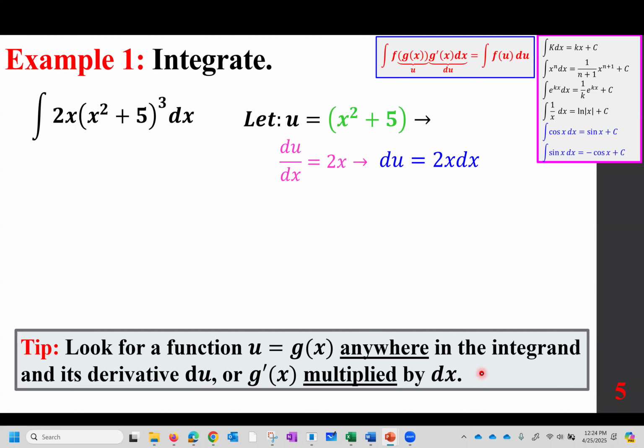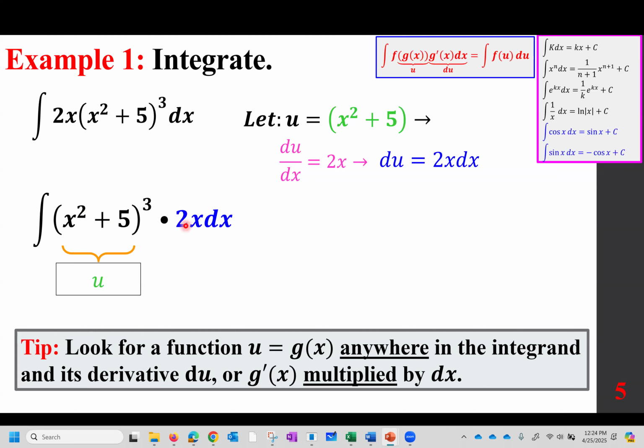So to make sure we understand what's going on, we're going to put the 2x next to dx, and we're going to say, okay, this is u, and this entire thing is du. So we are looking at the integral of u cubed du.